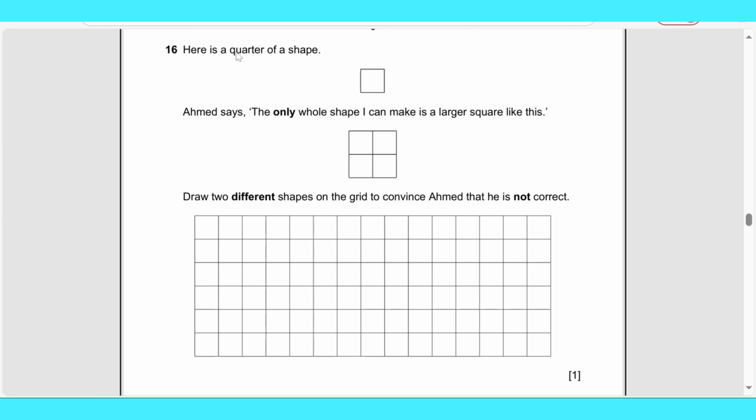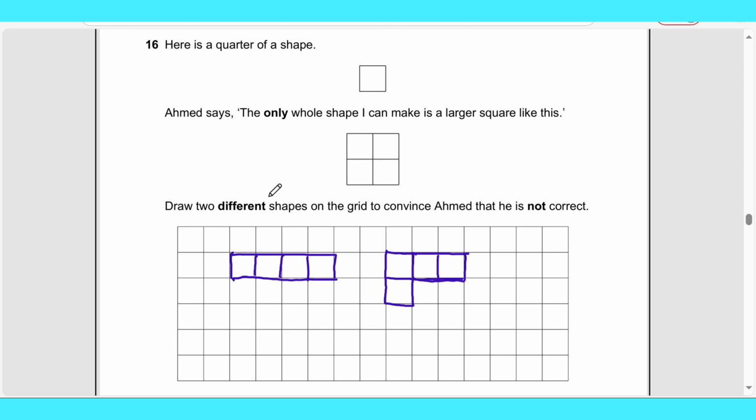Okay, number 16, here's a quarter of a shape. Ahmad says the only whole shape he can make is a larger square like this. Draw two different shapes on the grid to convince Ahmad that he is not correct. Okay, if you need some more time to think, you may pause this video. Let's check out the answer, guys.